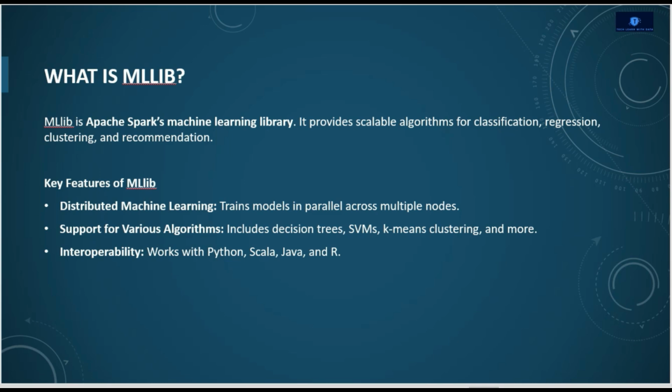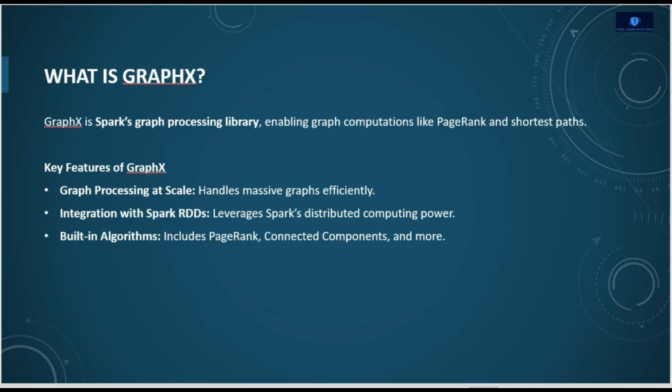Last one, we have GraphX. Similar to GraphX, I told you yesterday, it works on vertices and edges. Spark's graph processing library enables graph computation like PageRank and shortest path.